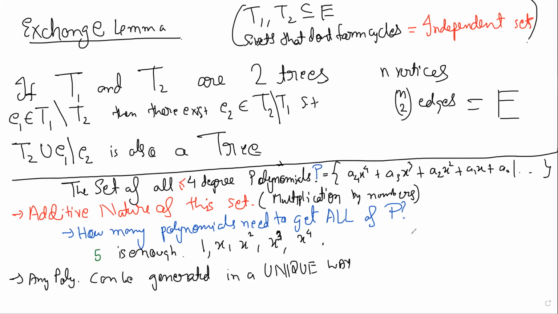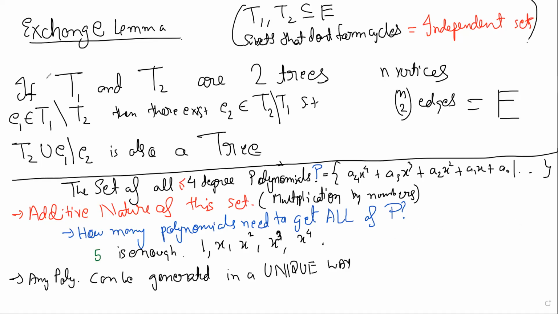A polynomial you cannot write in two different ways. We know that 2x to the power 4 plus 3x cubed can never be equal to 3x to the power 4 plus 3x. Each coefficient has to match. That is in the definition of polynomials if you view it as an algebraic thing.